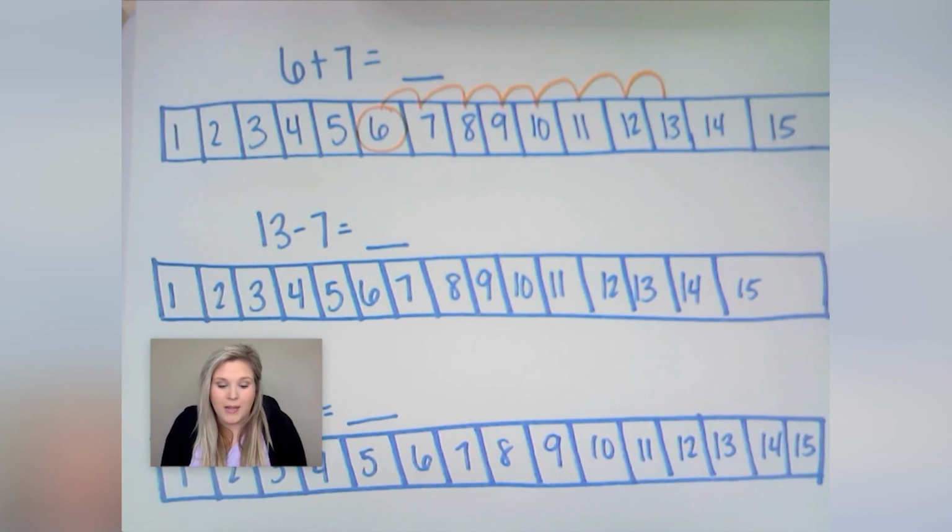Yes, absolutely. We could solve this problem by hopping forward or hopping backwards. I think I will find the missing number by hopping forward on my number path. You can touch your number path and do this along with me if you would like.